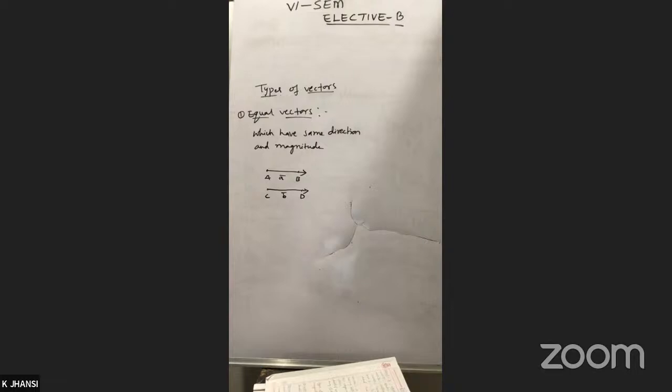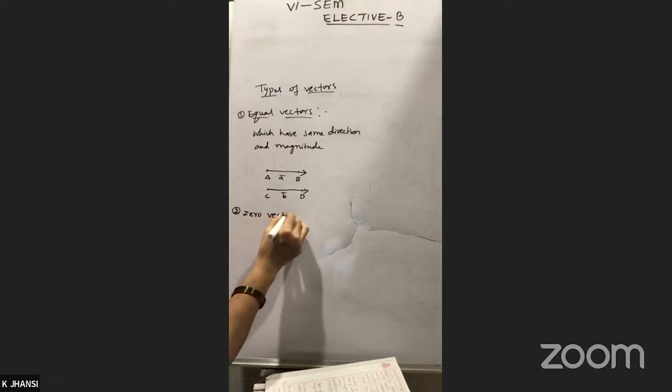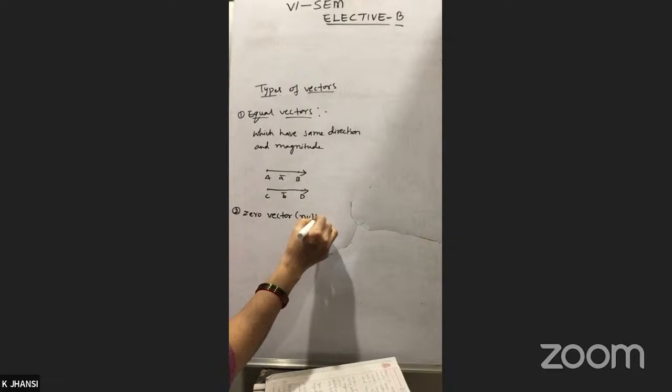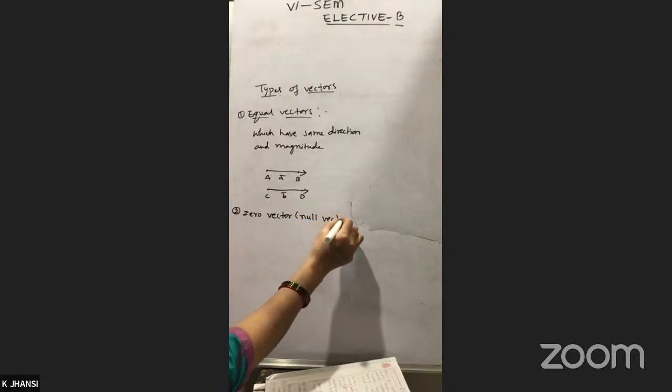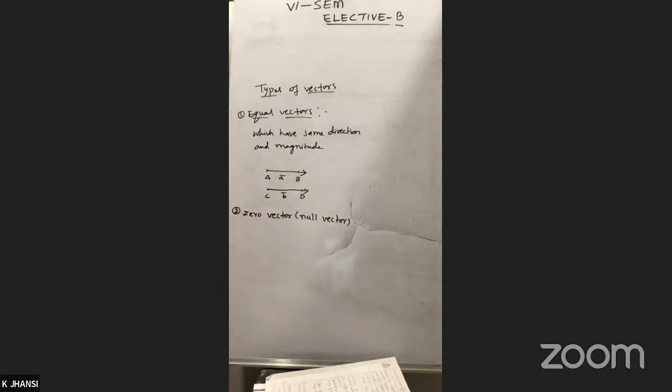Okay. Next, the second one is the zero vector. The zero vector is very important in solving problems and also in theorems. We call it a zero vector or null vector. Zero vector means a vector which has zero magnitude.